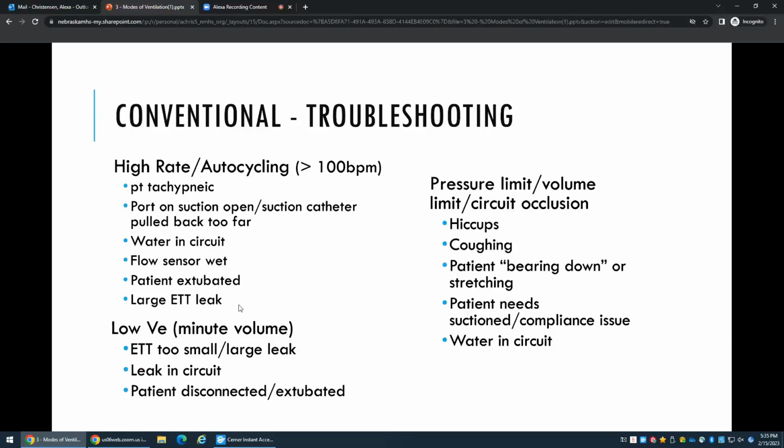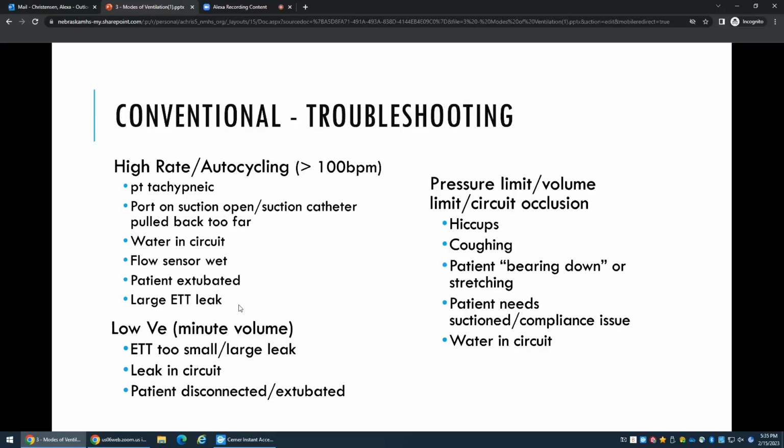Low minute ventilation, again, is just a leak in the circuit somewhere. Patient has become disconnected, extubated, ET tube leak, same kind of thing. So those are leaks in the system or something in the circuit causing it to think it needs to give more breath.